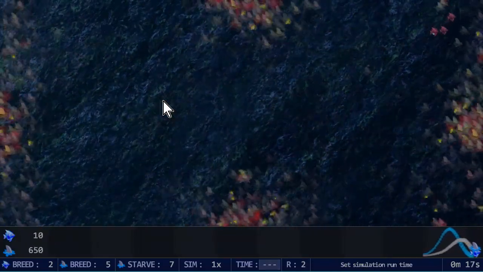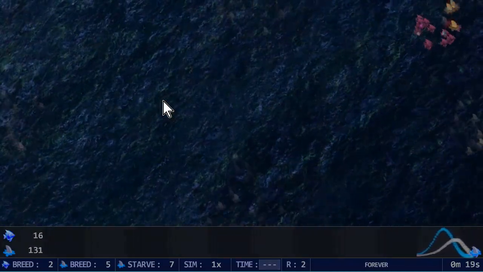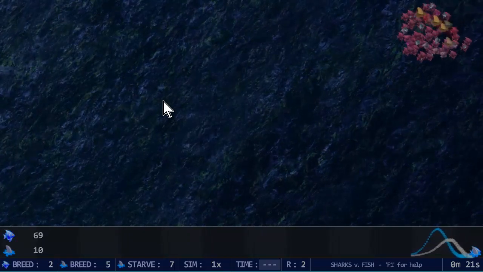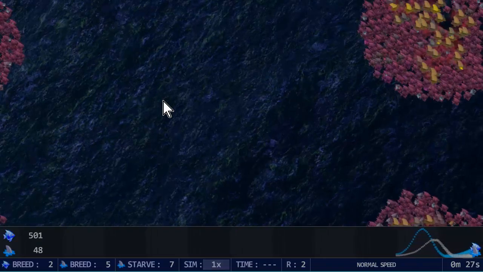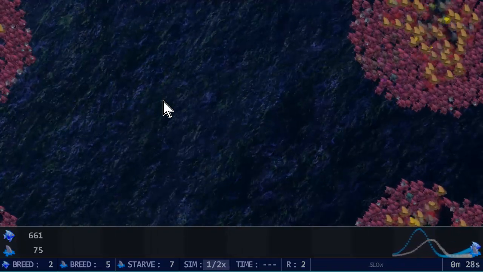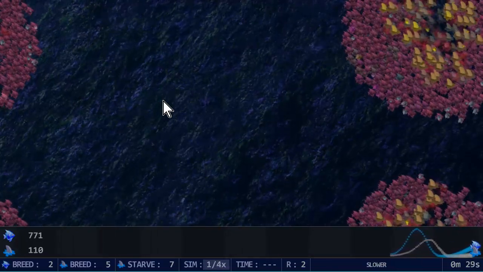Again, it's meant to be visually stimulating and maybe even kind of relaxing. So sometimes I like to put it in the slow motion mode and watch it like that.